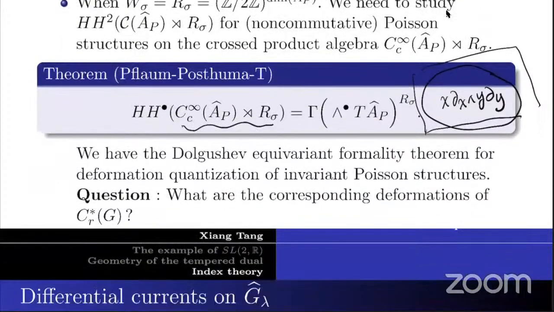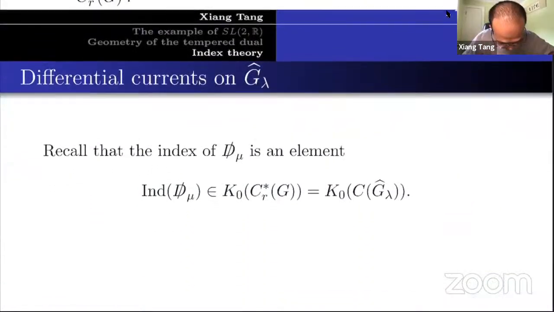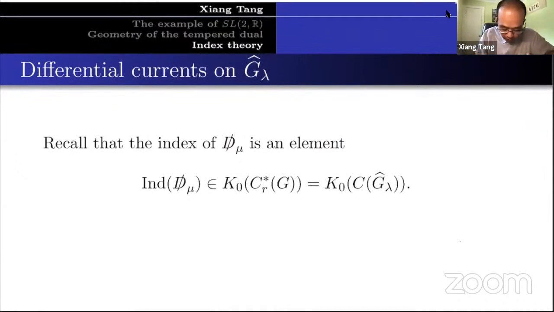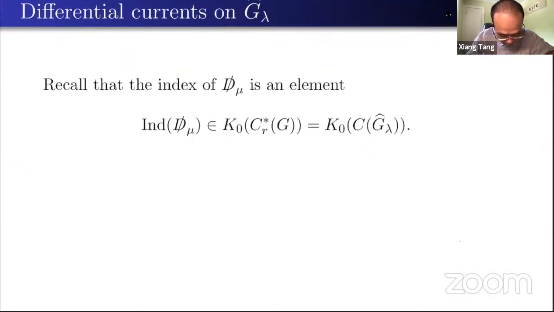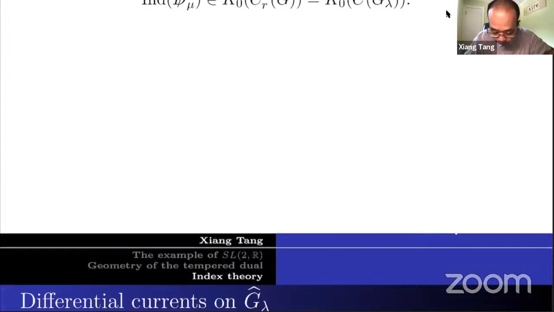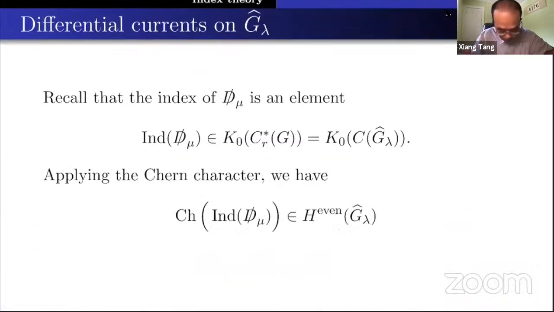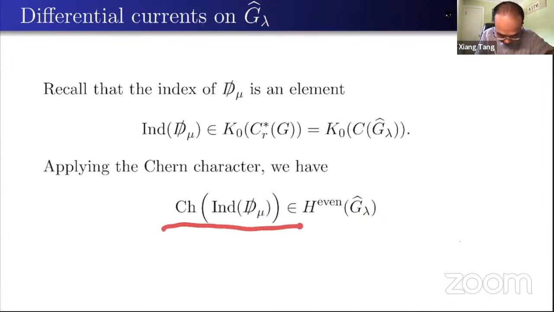Okay, so let's move to the next part. Remember, we are interested in this index element as the motivation of our study today. So now to study this K-theory element on this topological space, we know we can use the Chern character to map into the cohomologies of the space.